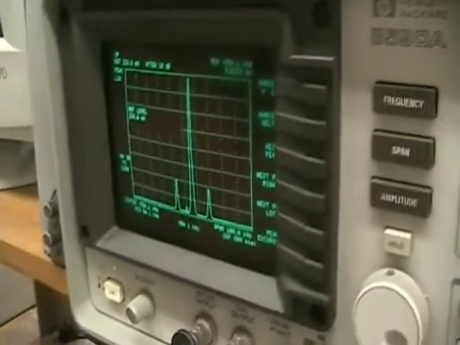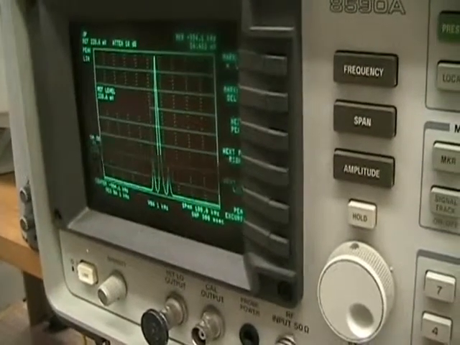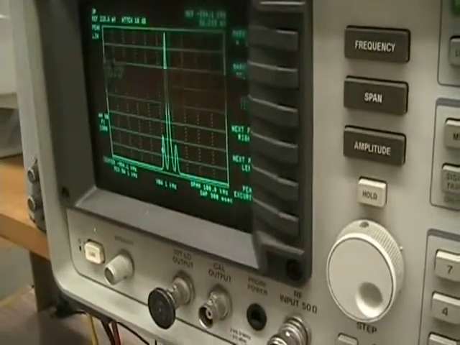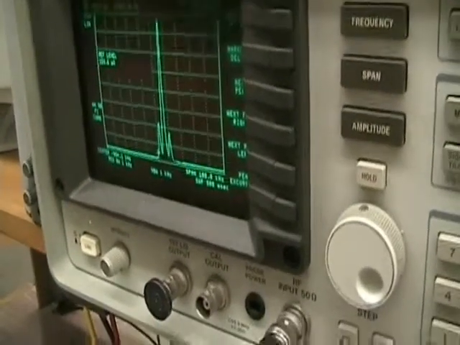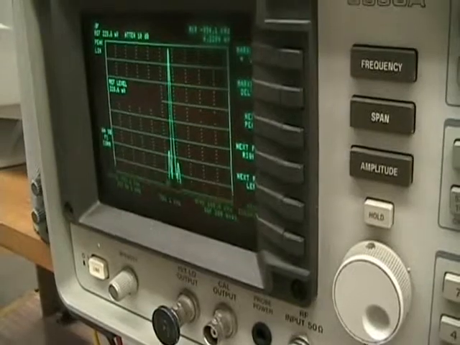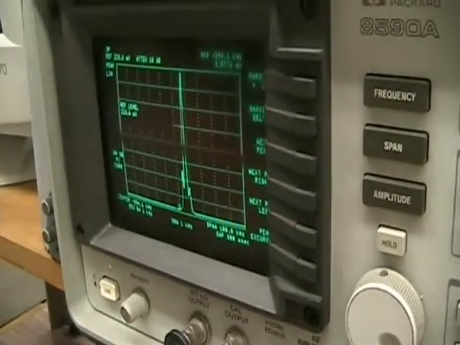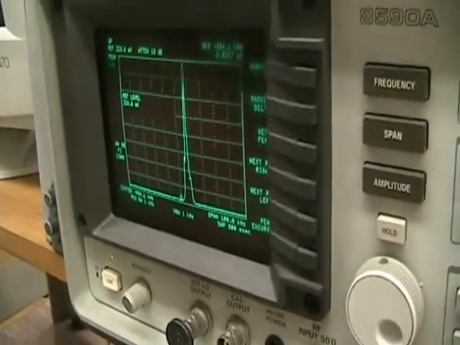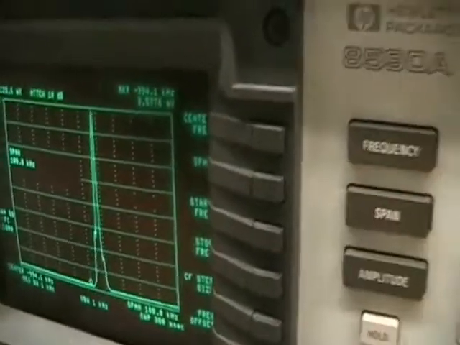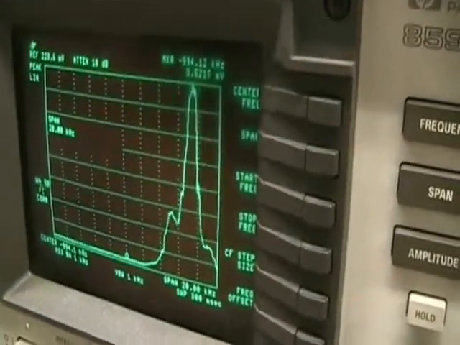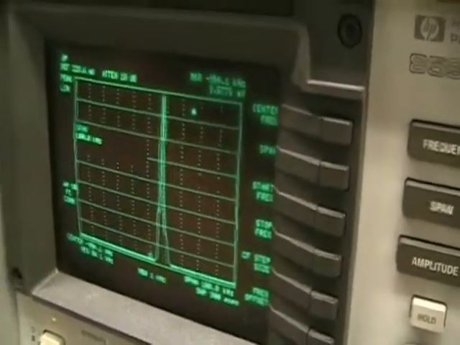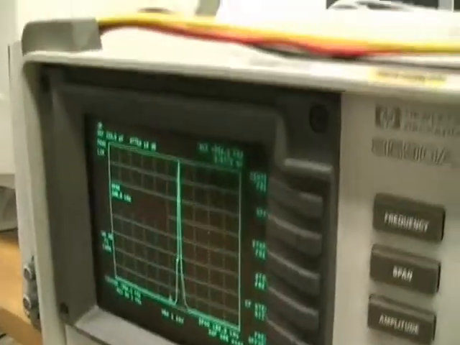If I make it low enough, the signals will disappear into the carrier term. So be careful about your span. If I span down, I will see the signals inside. Got a little too low there.